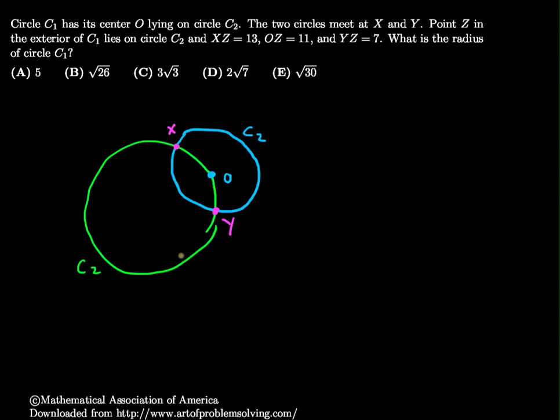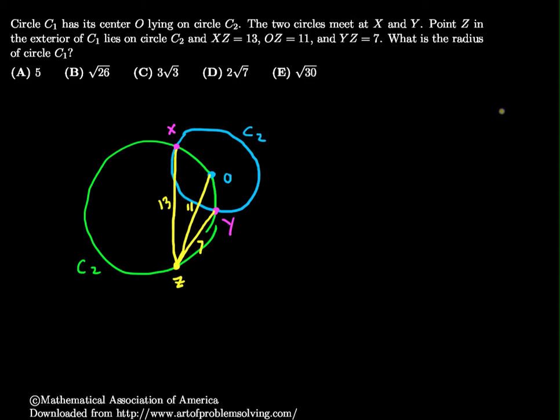It doesn't actually matter for the problem, but it looks better and will help if it's drawn somewhat to scale. I'm going to connect these up. And I know that I have 7, 11, and 13.